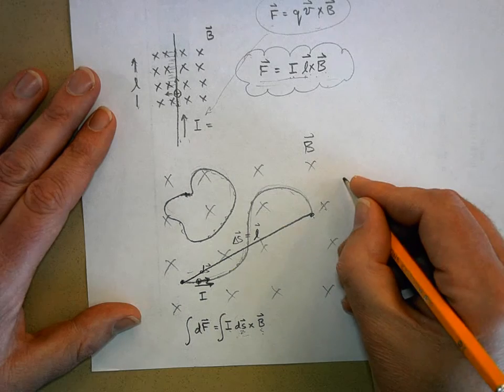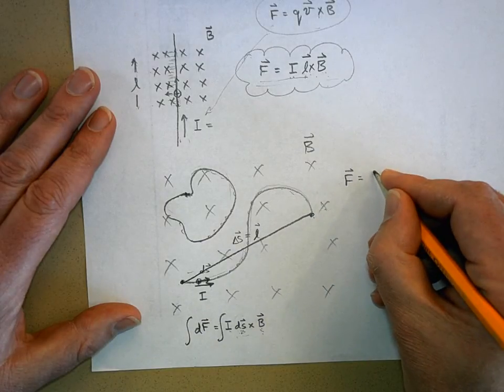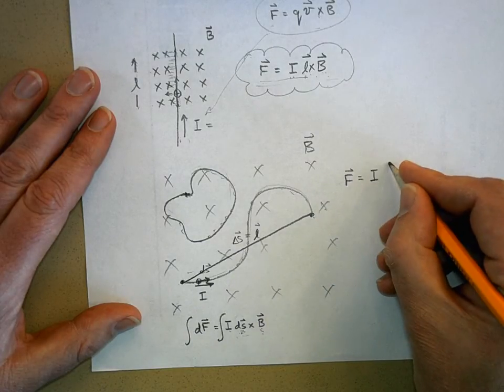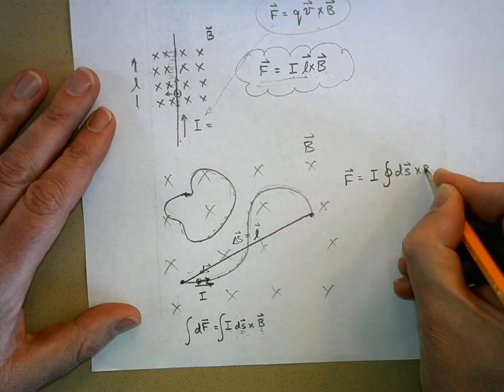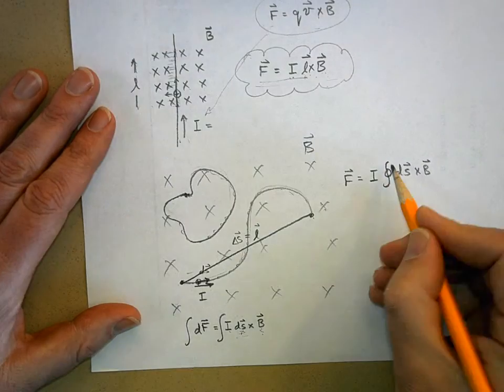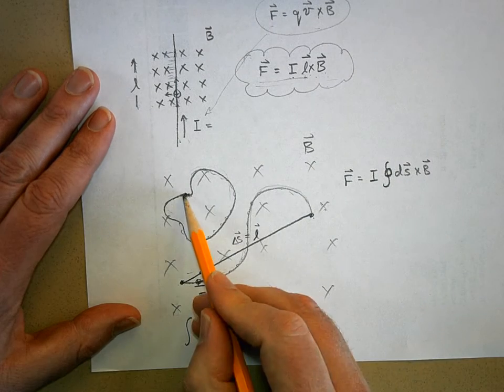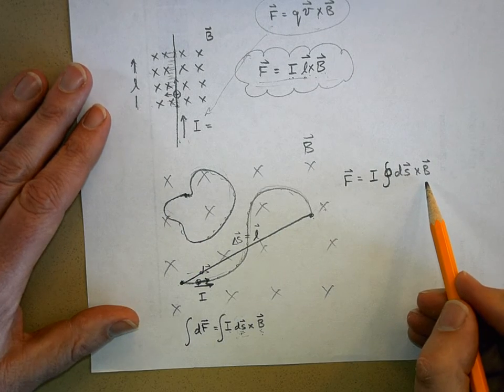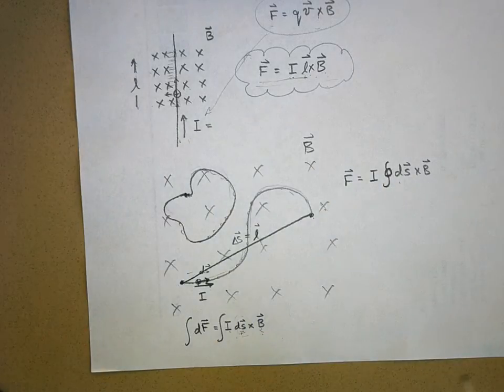So I can say that the force, if I go I times the integral of ds cross B. What does this little circle right here mean? If I'm doing a surface integral, it means a closed surface. But this is a line integral, so it means a closed loop. No, that was a very good guess.